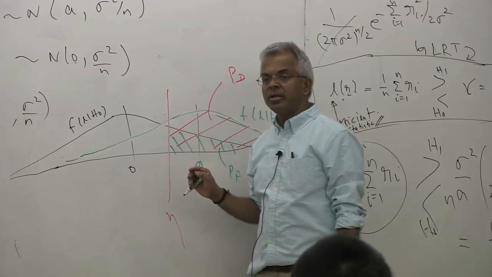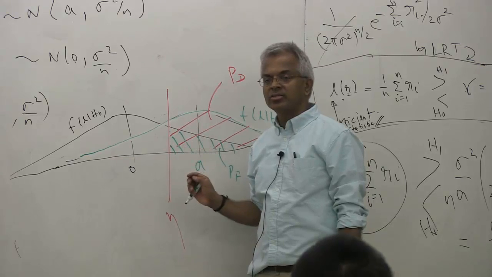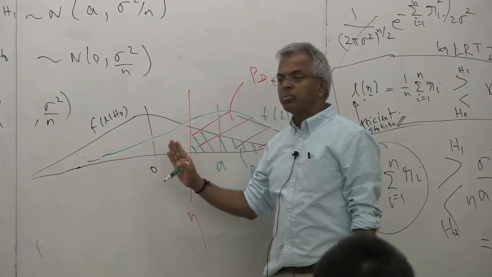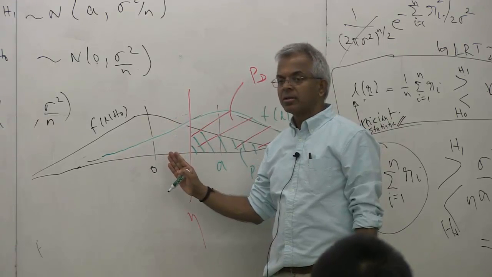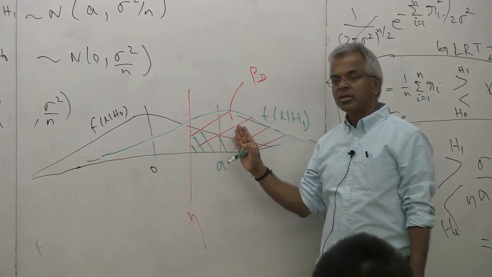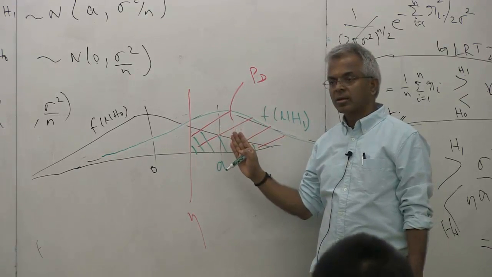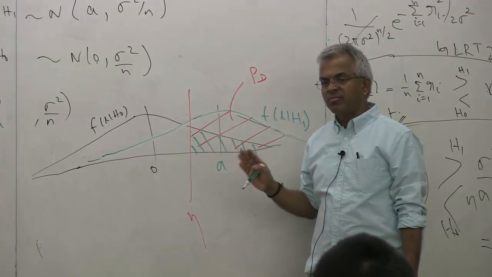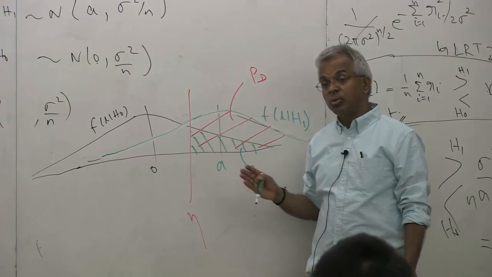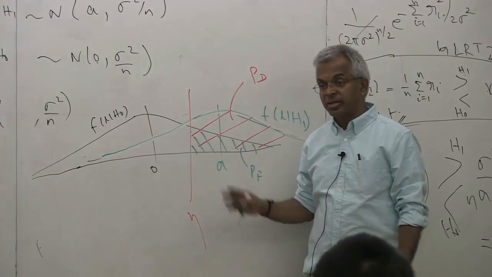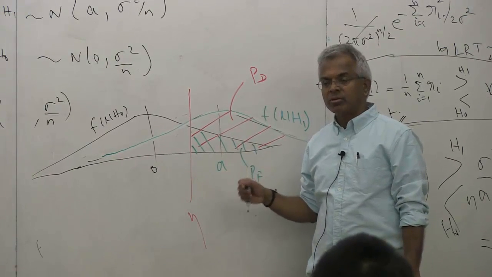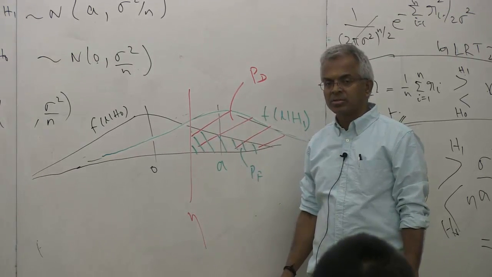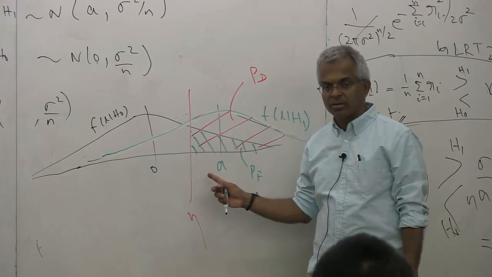What will happen to PD? Increase or decrease? Increase. How about PF? Increase. Suppose I move it this way. Both will decrease. So that's a phenomenon we'll prove. You want PD to increase and PF to decrease, unfortunately. But if you do things to increase PD, then you see PF also increases. You can see pictorially, right?